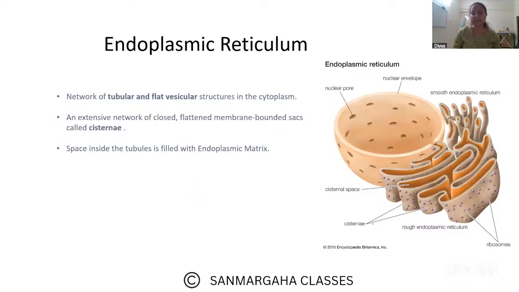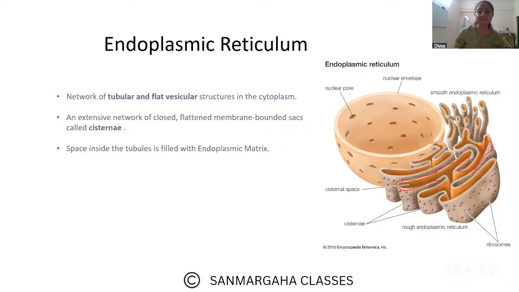Okay, so next, moving on to endoplasmic reticulum. This is a structure which has tubular and flat structures. Okay, so you can see the tube-like structures here, and the flat structures, right? This is also found in the cytoplasm. Okay, the membrane sacs found here are called cisternae.